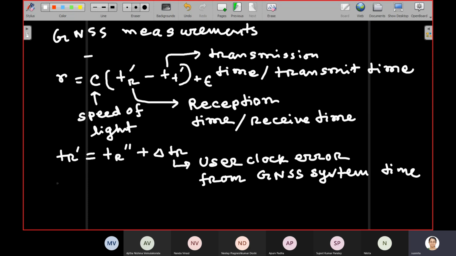Okay, now similarly for Tt prime, let's write Tt plus delta Tt. So this is the true time of transmission. Time of transmission is the time at which the signal started from the satellite, and the time is reported by the onboard clock, which will have some error from GNSS system time, and this error is broadcast in the signal.